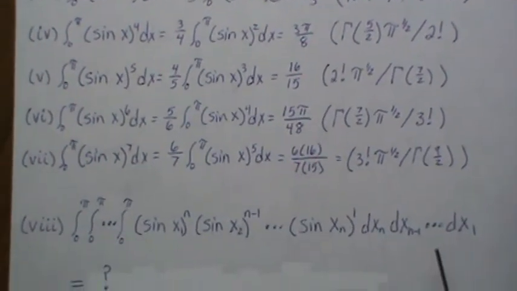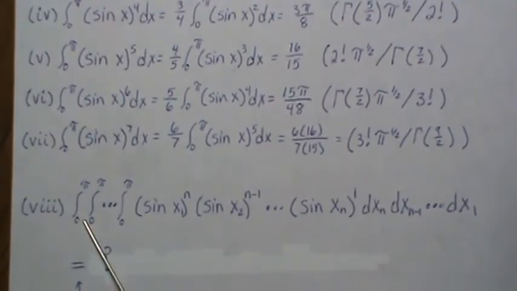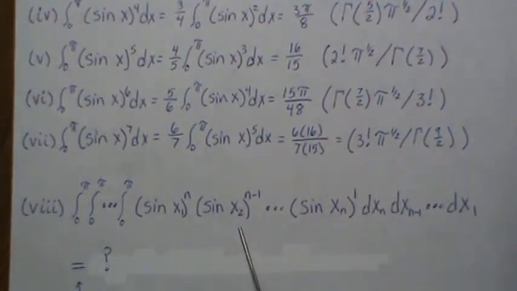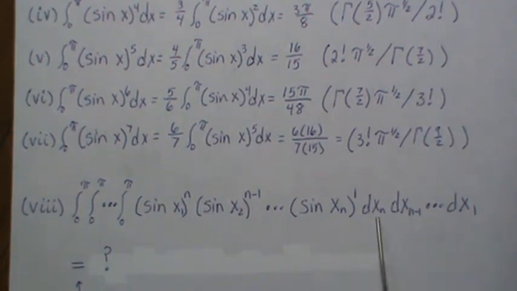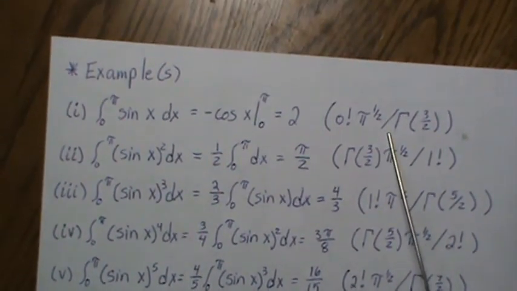Okay, so then when this integral here, there are n integrals, each of them evaluated 0 to pi, and there are n variables here. So notice that this first one, we evaluate this integral, and the rest do not have x to the nth. That is going to be this.